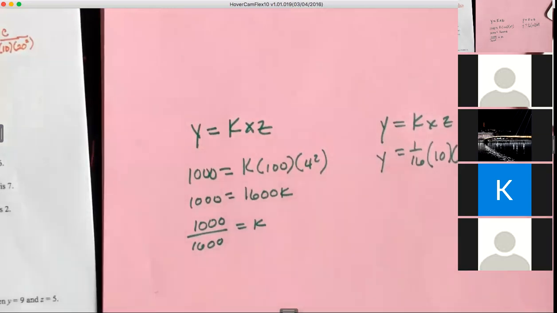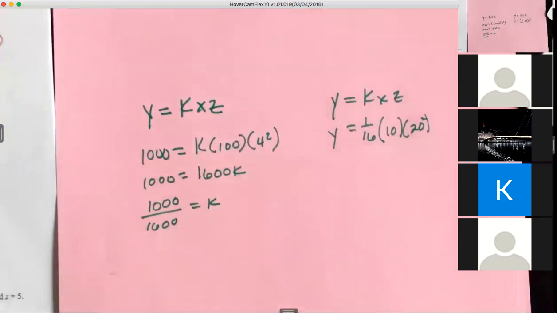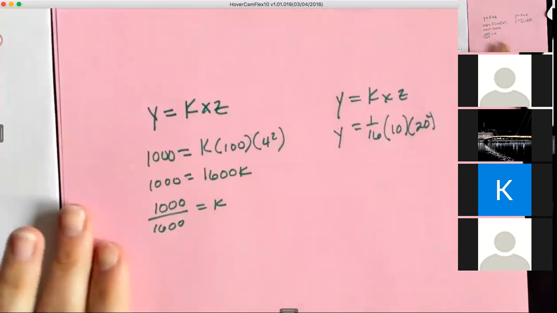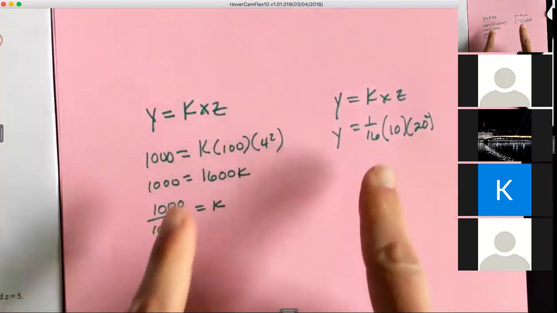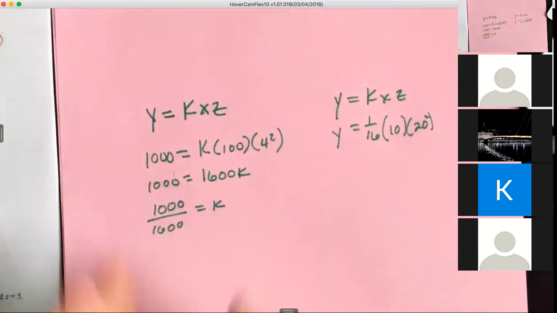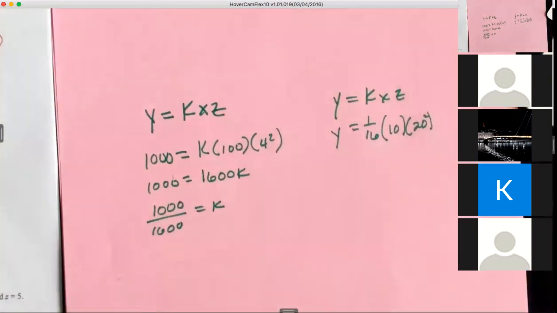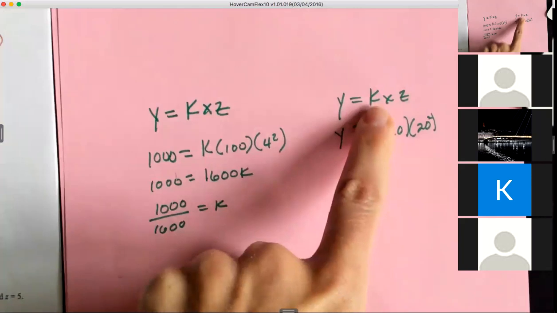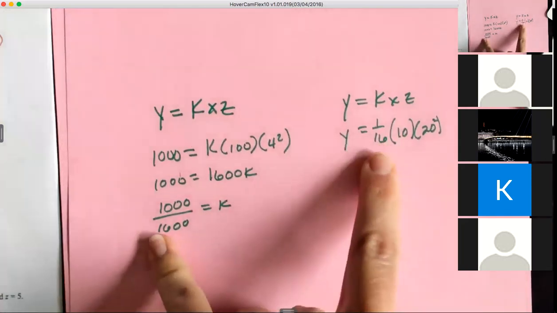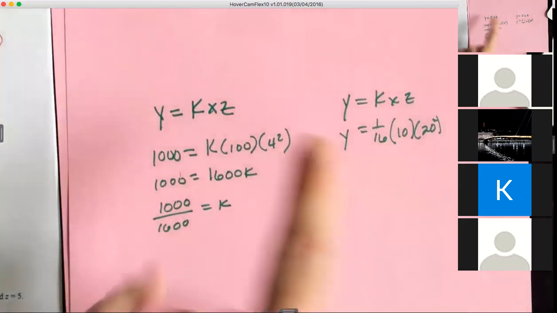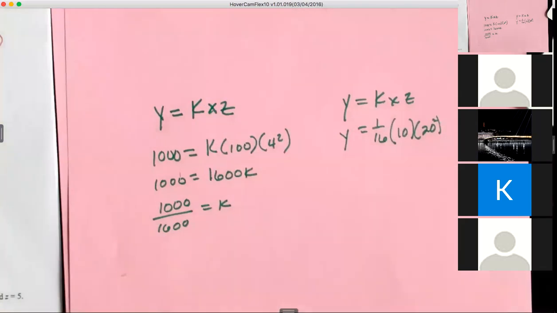I would venture to guess if we worked out both, you're going to find they're the exact same thing. So the idea that we're using these proportions, which was a question Sabrina had asked, saves us from having to go back and start the problem again. By solving for K in each of these, because that's the thing that's the same, you're able to set it up as a proportion and just cross multiply. So it saves some time.